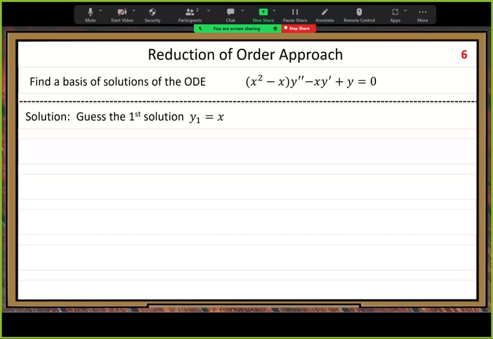For the second term, y prime equals 1, 1 times negative x, then the positive x here cancels out, you get 0. So it is a solution. Now we want to find the second solution in the basis, linearly independent.